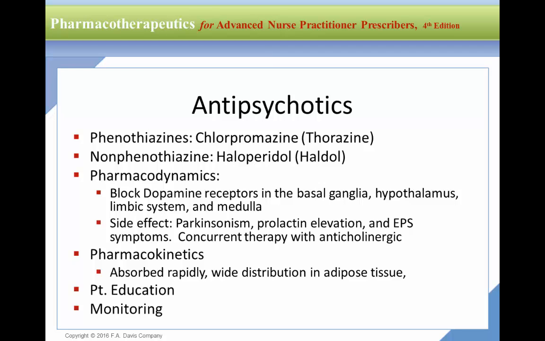And the major side effects for this will be the Parkinson signs and symptoms, and associated with elevation of prolactin levels, so having gynecomastia and having galactorrhea. In addition, the extrapyramidal symptoms that will be present, that we already discussed in class, that you could treat with Cogentin and also Benadryl.